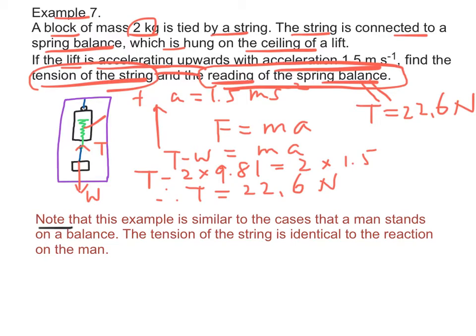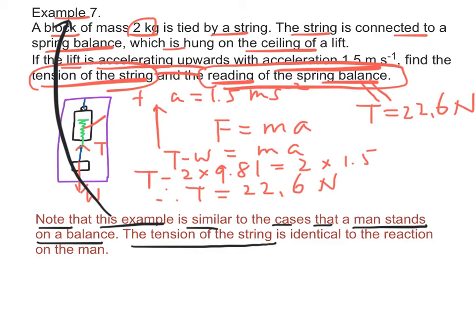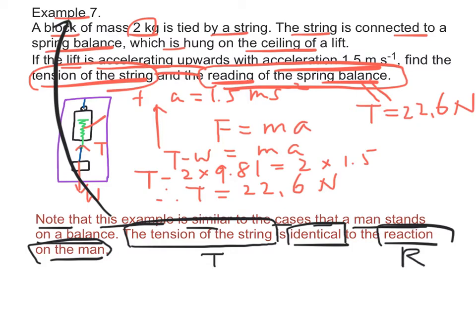Notice that this example is similar to the case where a man stands on a balance. The tension of the string in this example is identical to the reaction force acting on the man in the lift. T and R are similar.